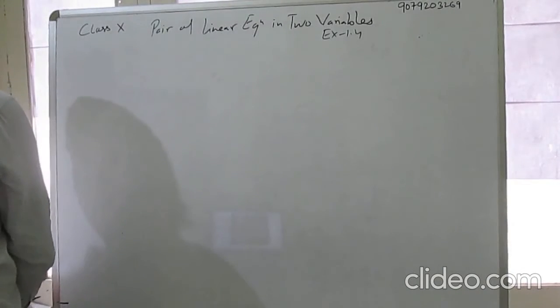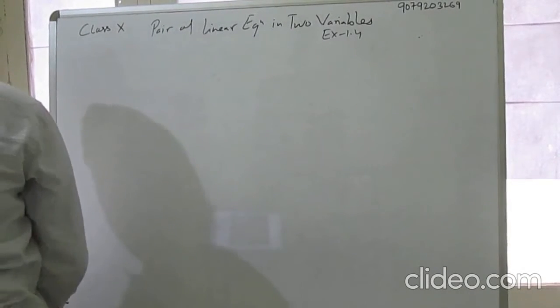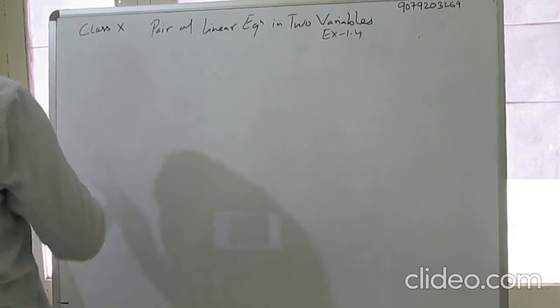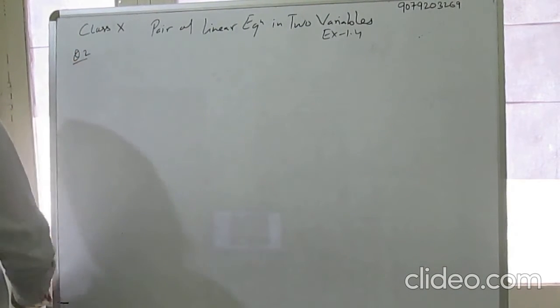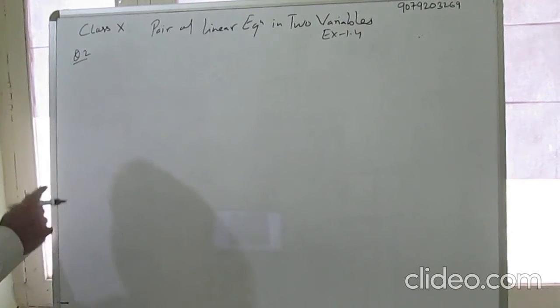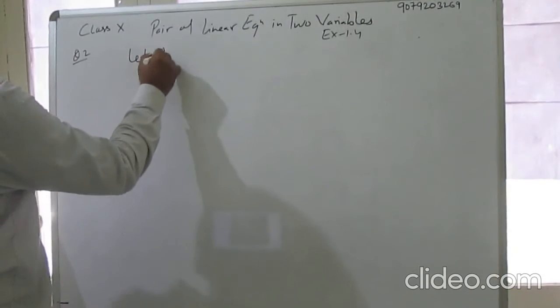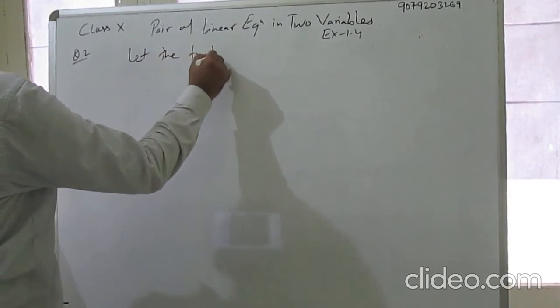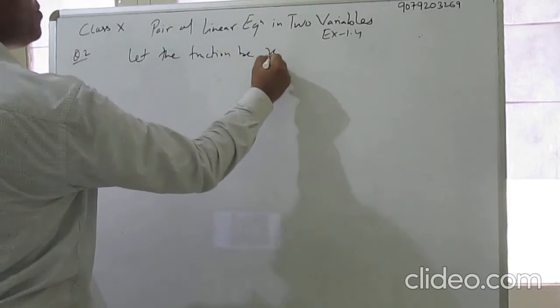Now we will start word problems, question number 2, first part. If we add 1 to the numerator and subtract 1 from the denominator, a fraction becomes 1. So let the fraction be x upon y.